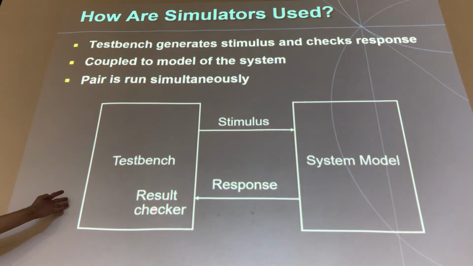And the test bed can check the output whether or not it's correct. So test bed is just like a hardware testing equipment to test your circuit, provide input and look at the output whether or not it passed your test.